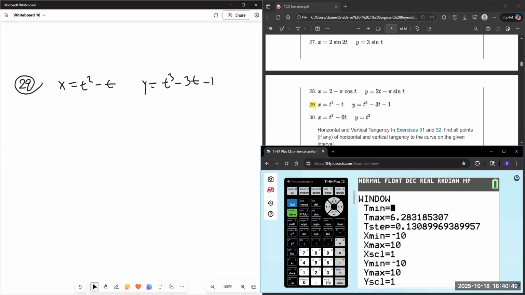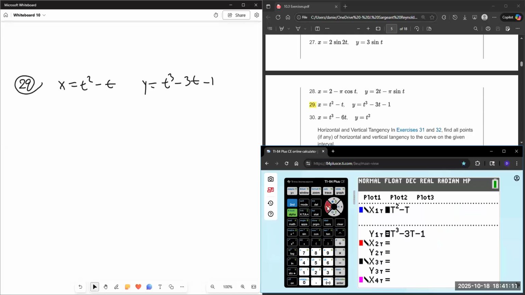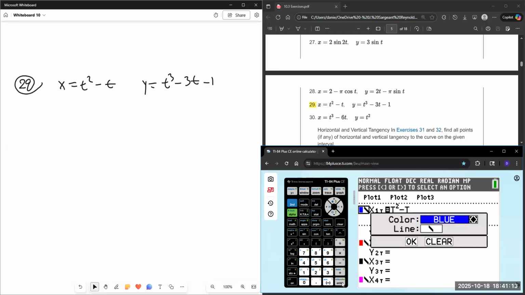I want to have the negative values here as well that correspond, so I'm going to make t start at negative 2 pi just so I can see this point where they cross right here. And I'm coming from this direction first and coming up, then going down and back up. If I were to watch it trace, I can do that here.